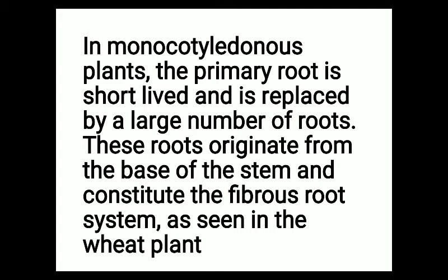But here we have to note that this primary root is short-lived, meaning after the formation it will degenerate. It is replaced by a large number of roots, and these roots originate from the base of the stem and constitute the fibrous root system.